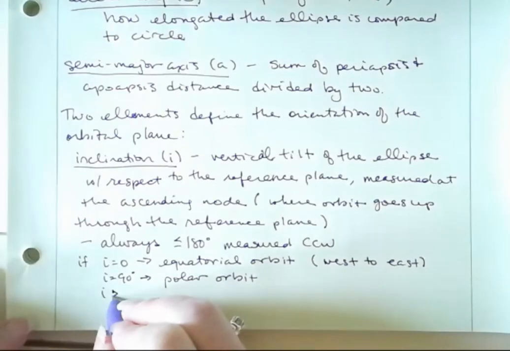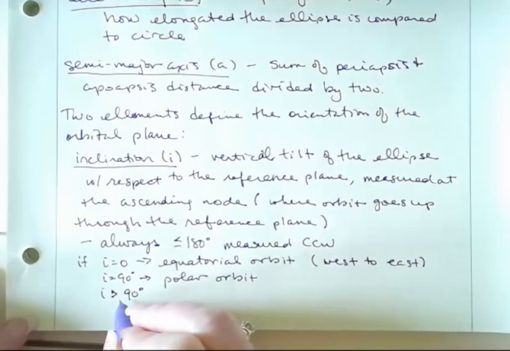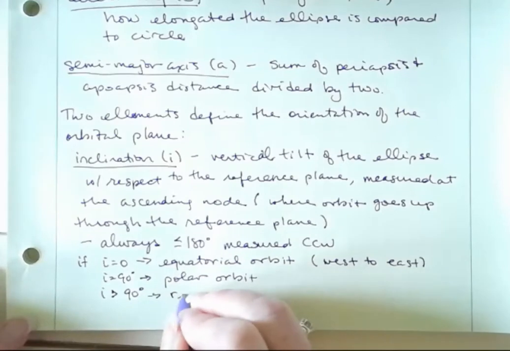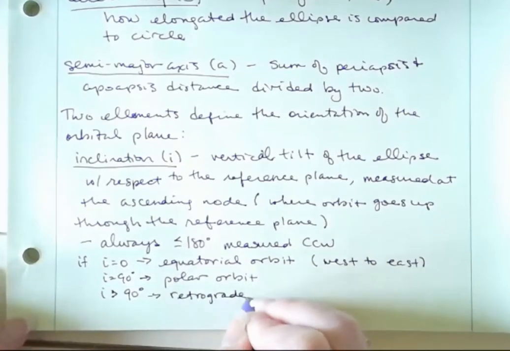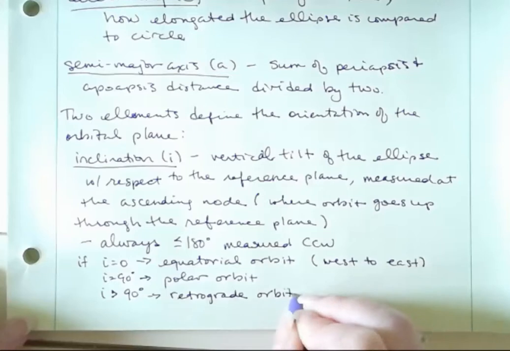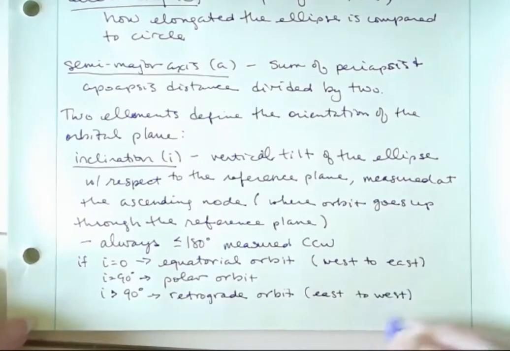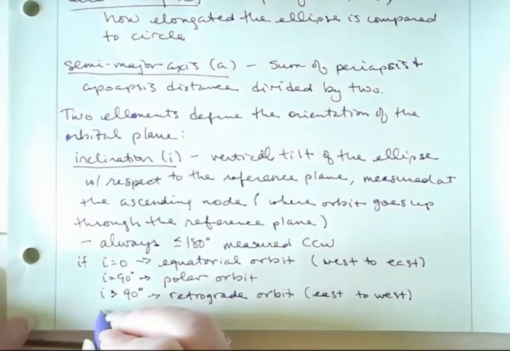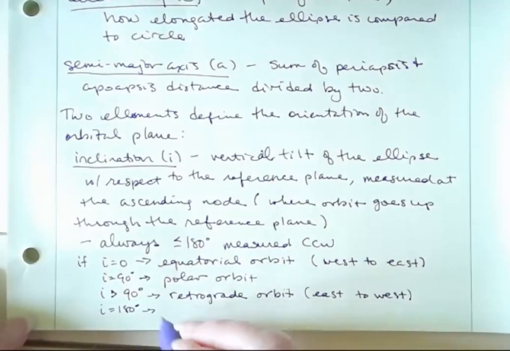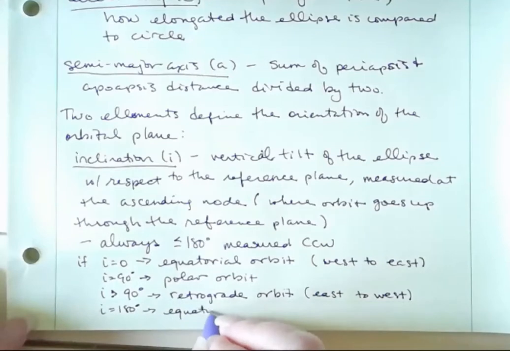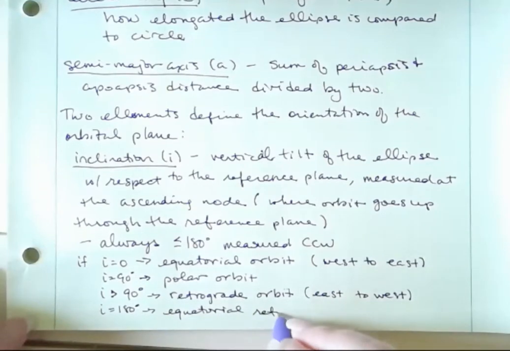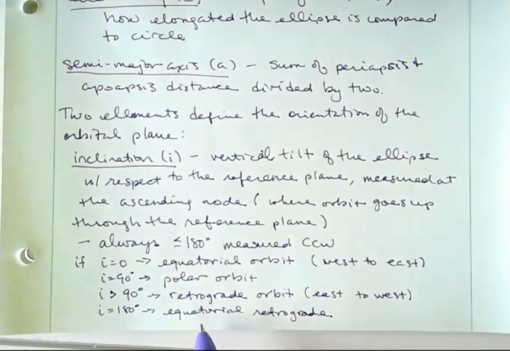And then if i is greater than 90 degrees, you're going to have a retrograde orbit. So for that, you would have an orbit that's going east to west. And then finally, if i is equal to exactly 180 degrees, we've got what's called an equatorial retrograde. So now you would be over the equator going from east to west.